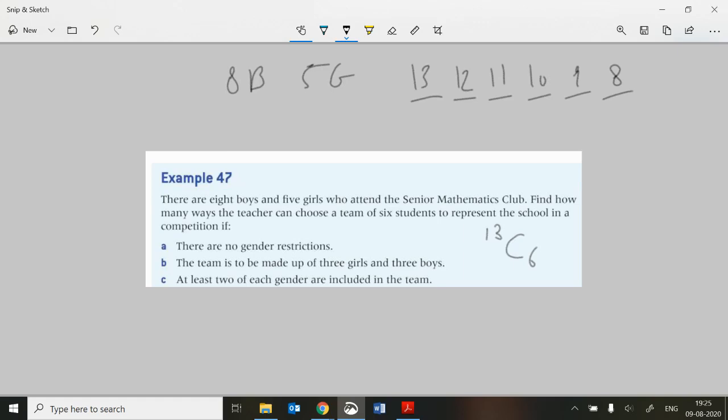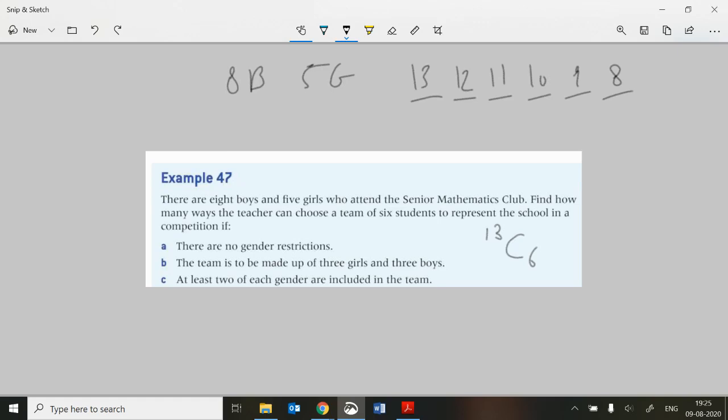So that's nPr, but remember, it doesn't matter which order they're in. So we could have had any of those people, maybe this is person 13 and person 12 and so on, in 6 factorial ways around.